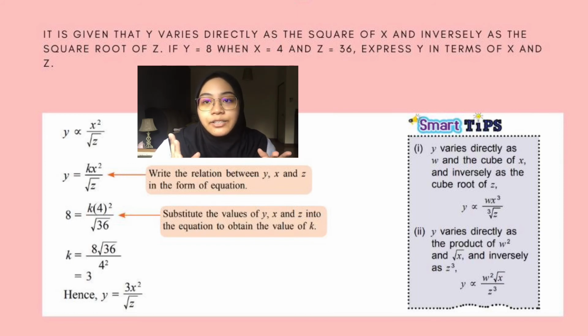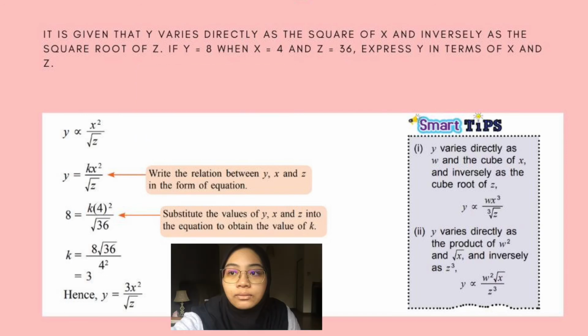Then, now that you have all your variables in one short equation, all you have to do is substitute the values they gave you in the question into the equation. In this particular equation, the variables we have are x, y, and z, and they gave us the values of x, y, and z respectively.